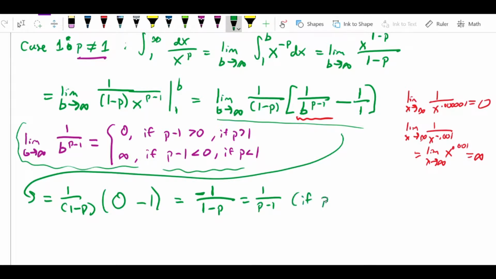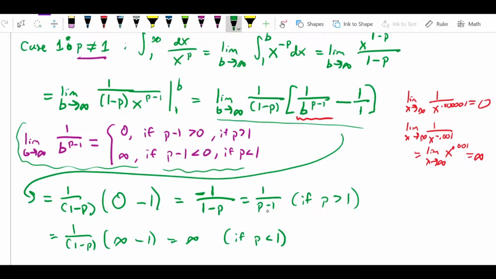In other words, that holds if p is greater than 1, and it equals 1 over 1 minus p times infinity minus 1, which equals infinity if p is less than 1.